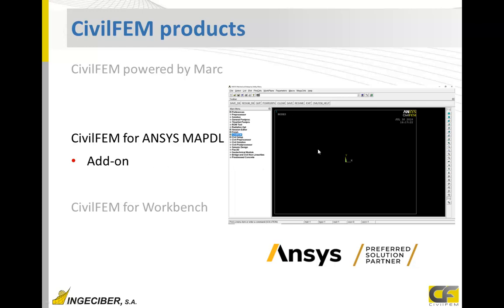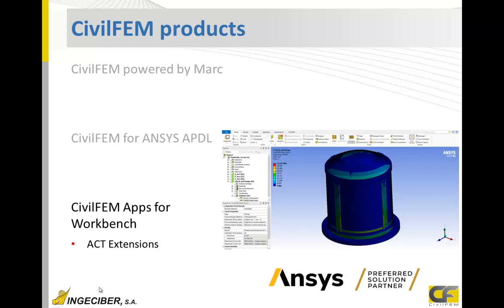You are working in ANSYS, but with extra tools for nuclear power plants, or for civil, structural and geotechnical design. And the last CivilFEM products are CivilFEM apps for Workbench, which are ACT extensions, so you can design concrete or steel structures in Workbench with these CivilFEM apps.